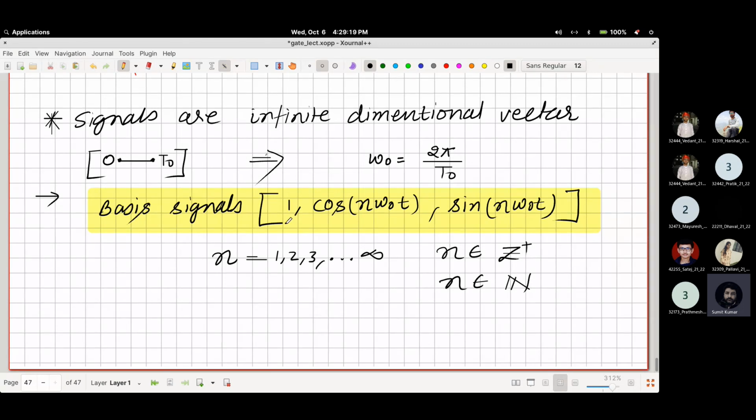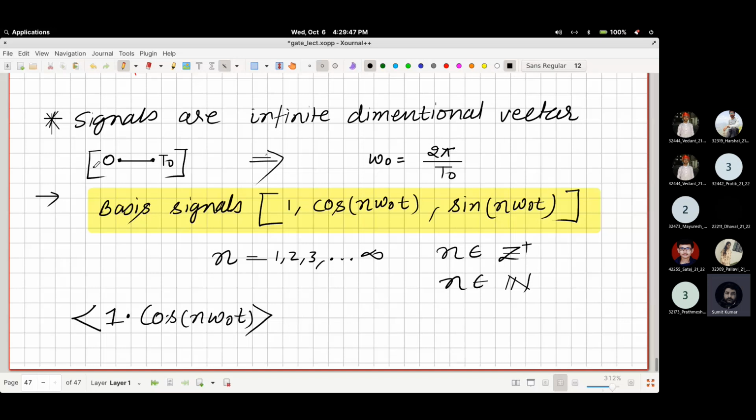So let me see the dot product of 1 and cos n omega naught t. Can anybody tell me what this dot product is going to be for any value of n?